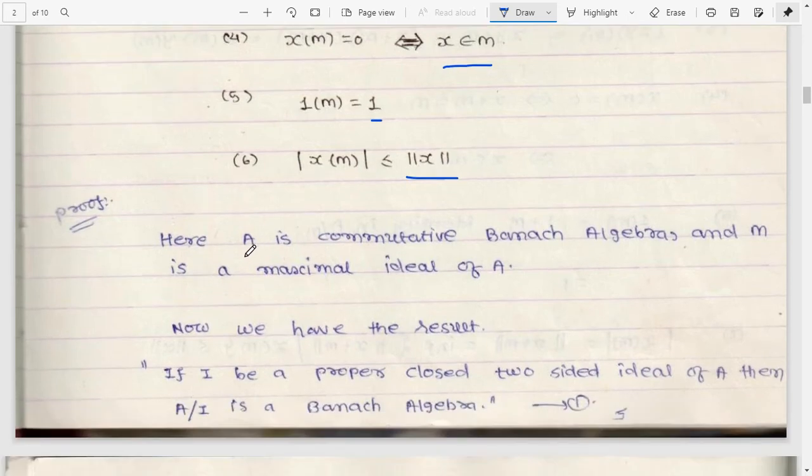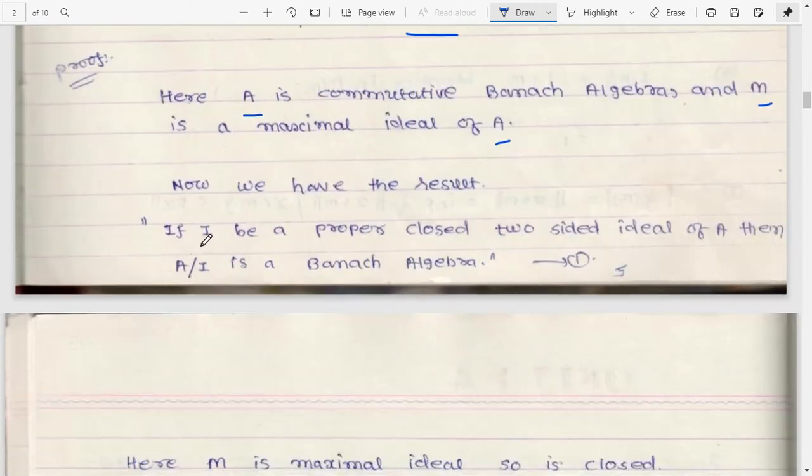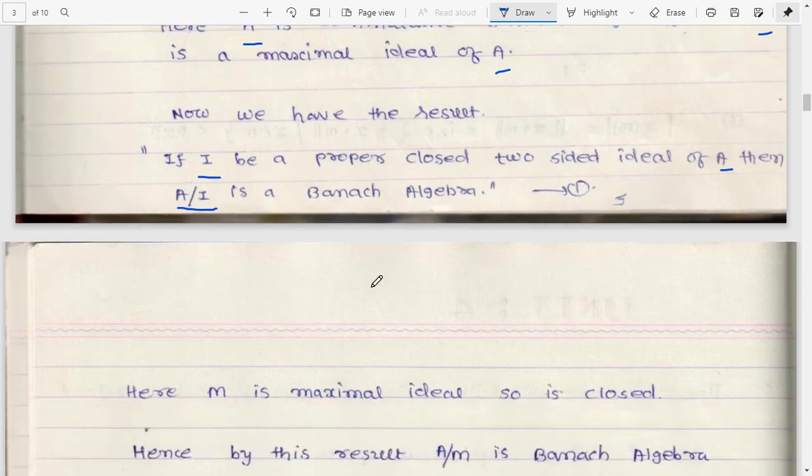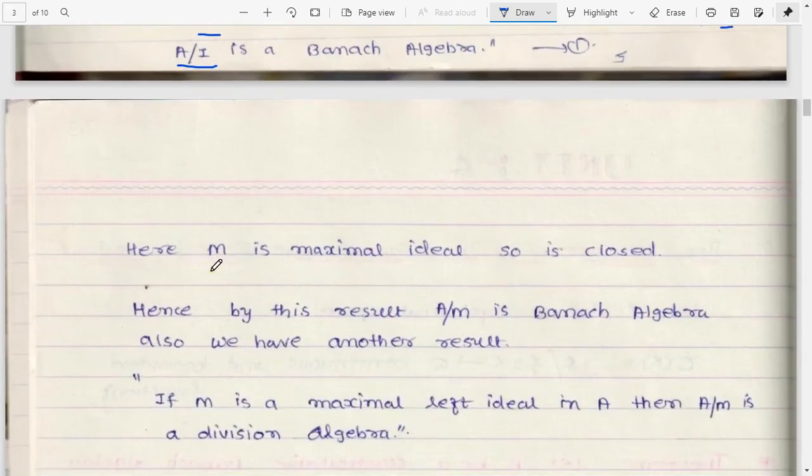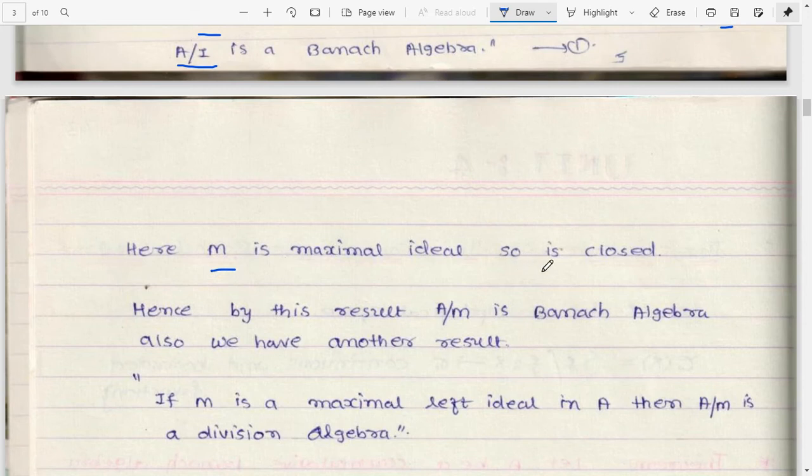Proof. Here A is a commutative Banach algebra and M is a maximal ideal of A. Now we have the following result. If I is a proper closed two-sided ideal of A, then A quotient I is a Banach algebra. Here M is a maximal ideal, so M is closed.